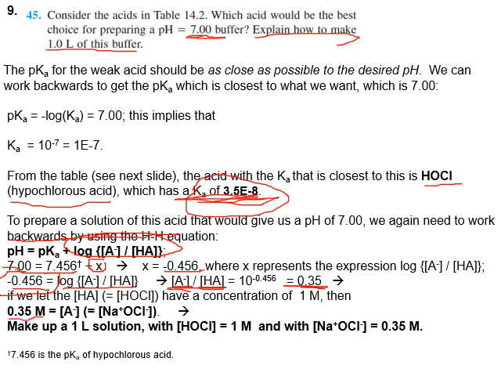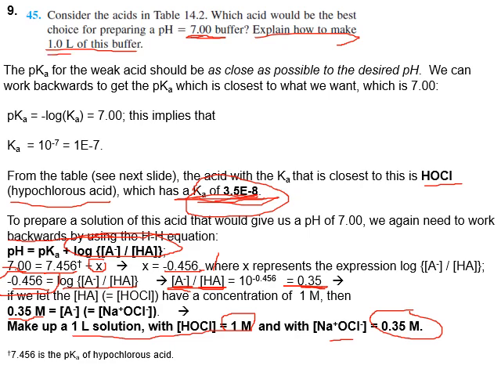So we make up a liter solution with the concentration of the acid as 1 molar, and that's coming from right here. We decided to use 1 there, and the concentration of the base here to be 0.35 molar. In other words, you just add enough of the base so that the concentration is 0.35, and it's pretty easy to do when you have a total volume of 1 liter, as we do here.